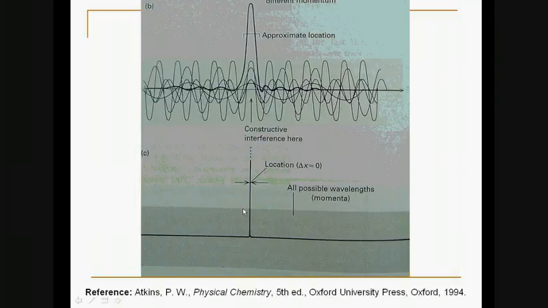Okay, so we know where the particle is, but what was the cost of obtaining the location? The cost was we used an infinite number of sine functions, and each one of these sine functions represents a different momentum of the particle.